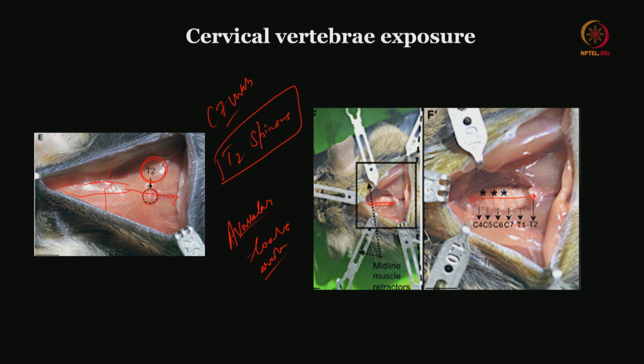So if you want to create a spinal cord injury model at C5 level, you need to remove this lamina either by using a drill, and in the previous sessions you all learned how to use a drill.